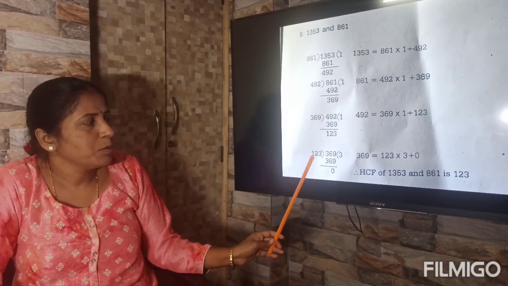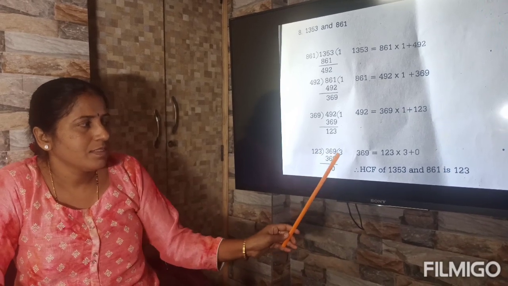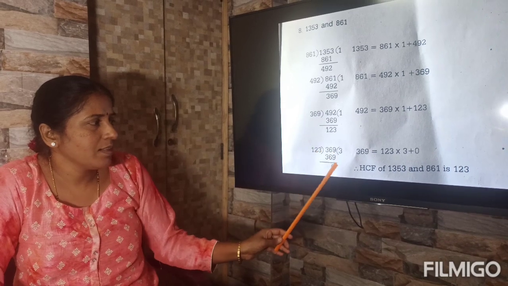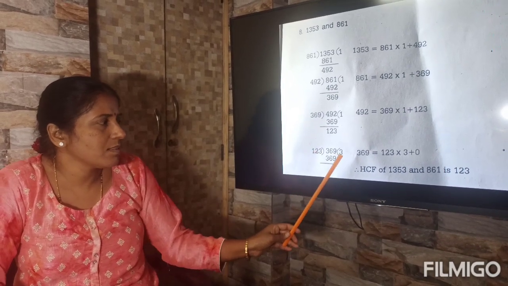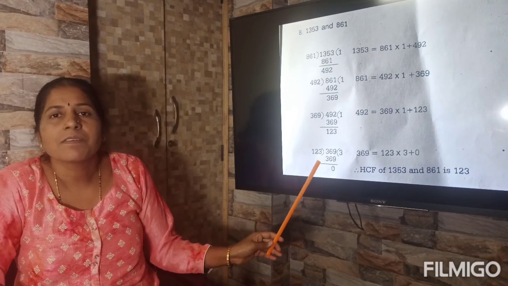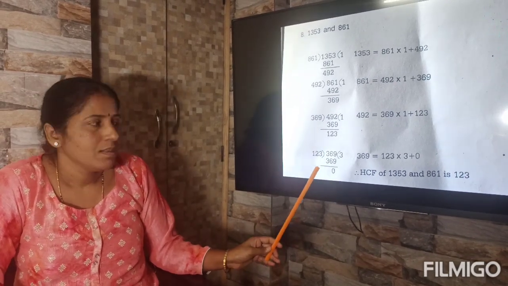Divide it. 123 3s are 369. 3 into 3 is 9, 3 into 2 is 6, 3 into 1 is 3. Then subtract this, we will get 0.